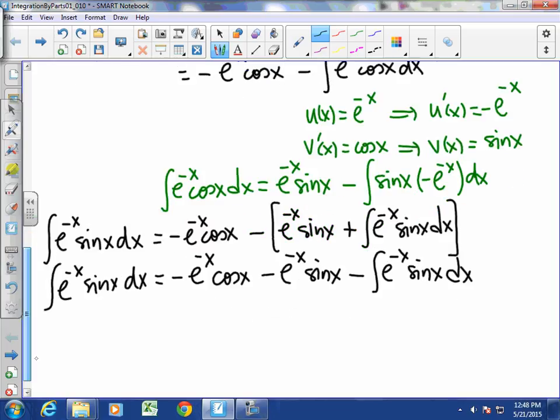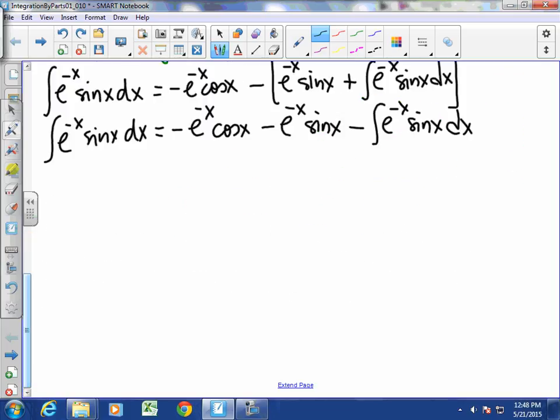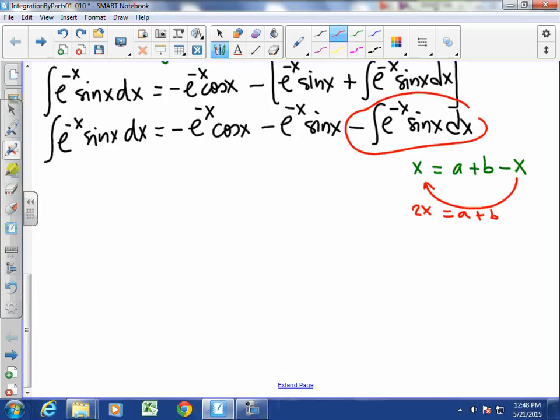So what does this mean? If you were given this equation, x equals a plus b minus x, how will you solve it for x? I'm sure you will move the negative term and get 2x equals a plus b. And that's exactly what we are going to do here, because this integral is exactly the one we have on the left.